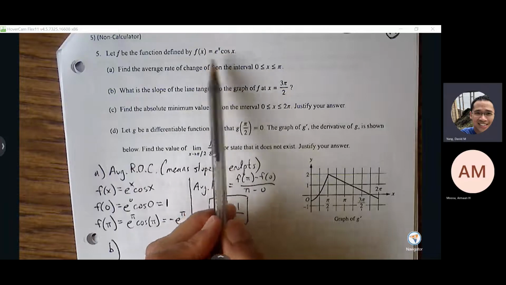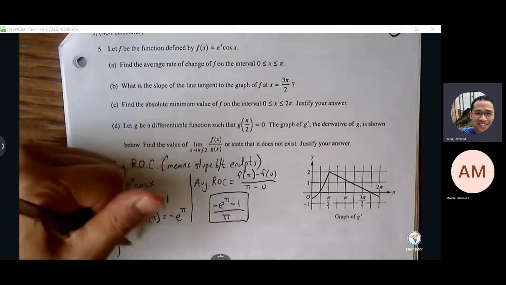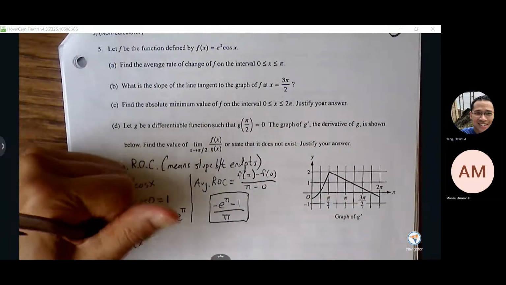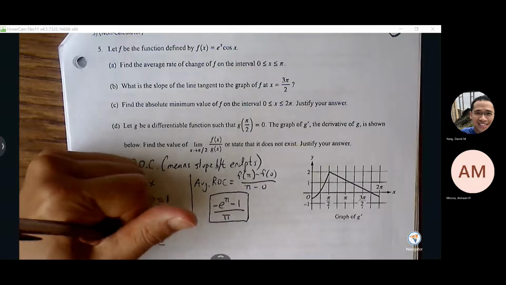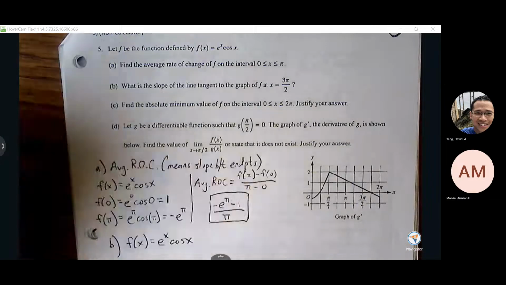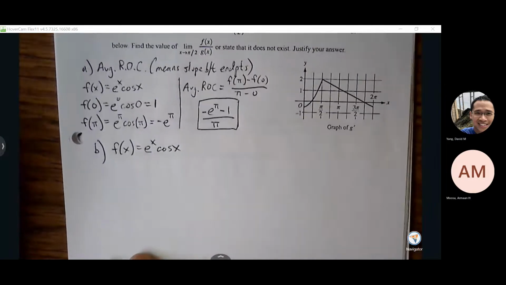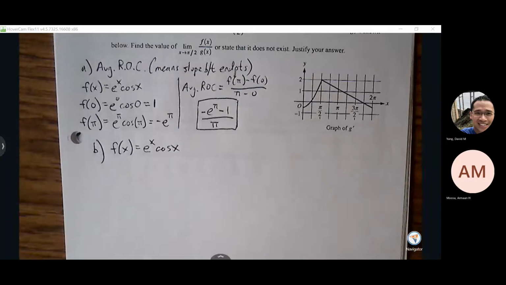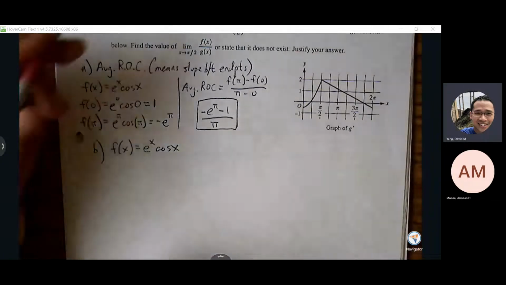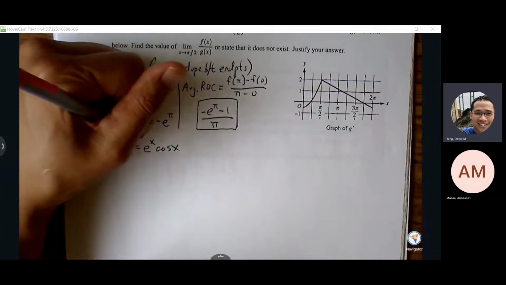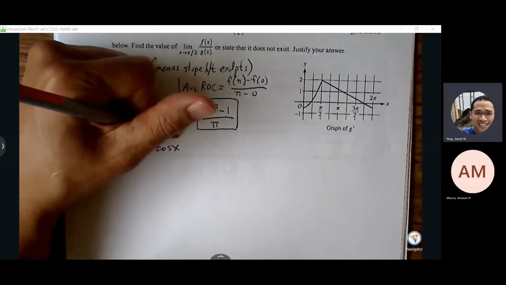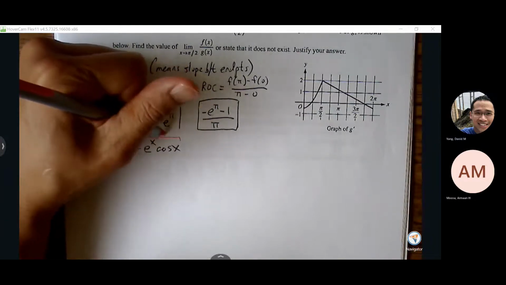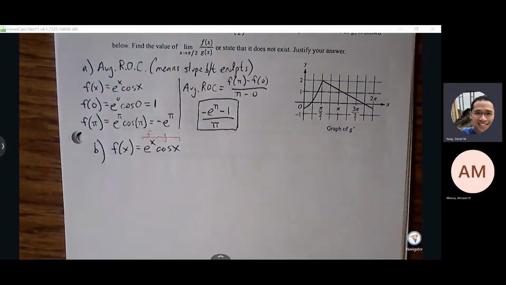So what rule do we have to involve here to find the derivative? e to the x, cosine x, those are two separate terms. Got to go through product rule. Okay, f prime g plus f g prime.